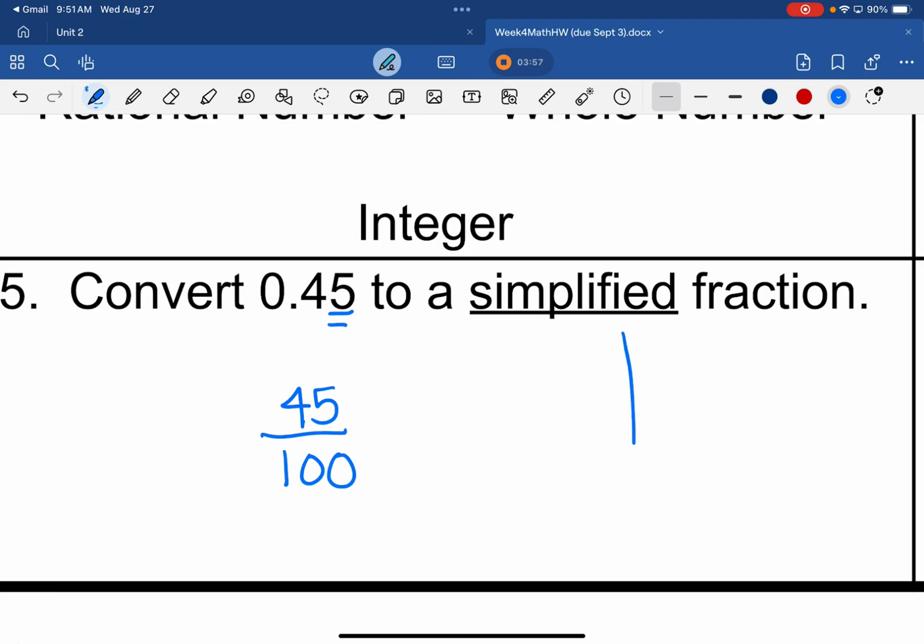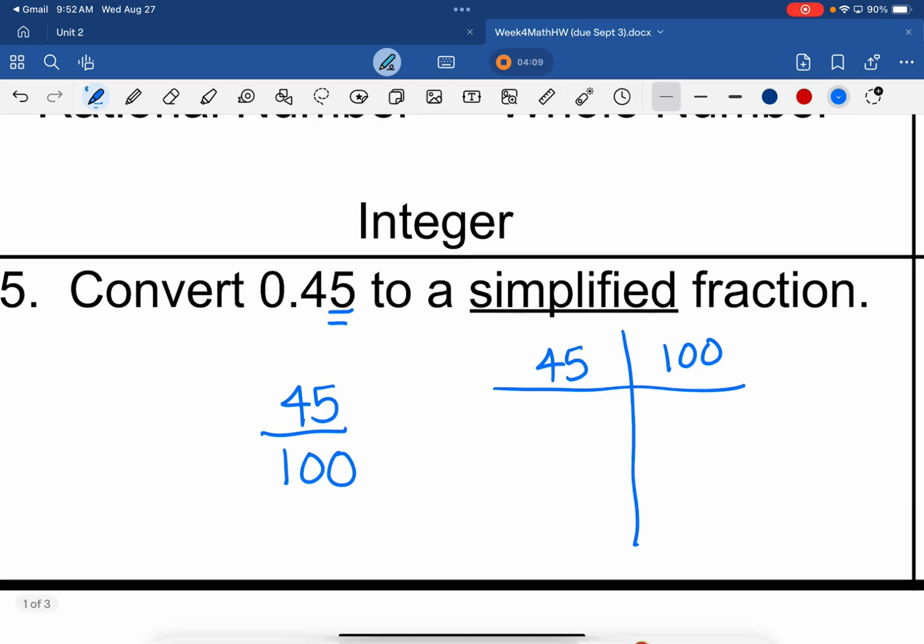But for a simplified fraction, I'm going to find all the factors of 45 and all the factors of 100. And then the factor that they have in common that's the biggest will be what I divide by. So 1 and 45 make 45. There's nothing times 2 that equals 45. 3 times 15 equals 45. 5 times 9 equals 45.